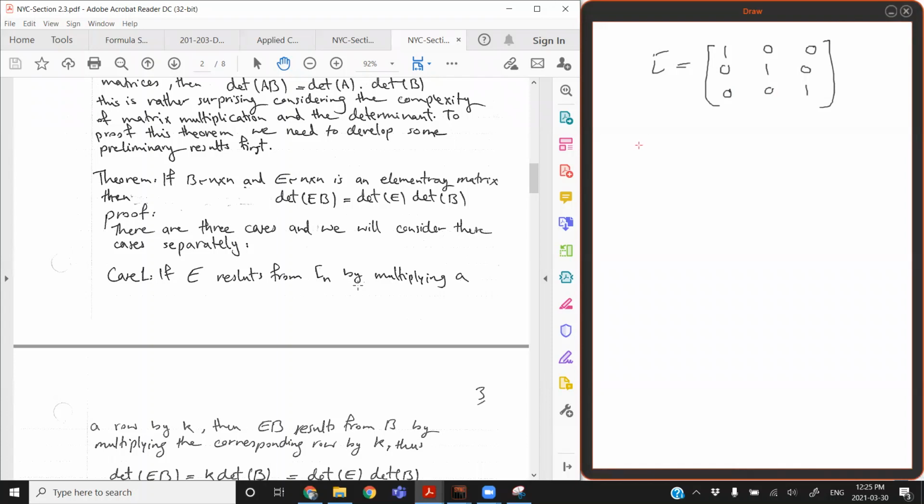So imagine E1 is a matrix that is obtained from I by doing a row swap. For example, let's say E1 represents swapping row 1 and row 2. So E1 would be 0, 1, 0, 1, 0, 0, 0, 0, 1. Then what would be the determinant of E1?